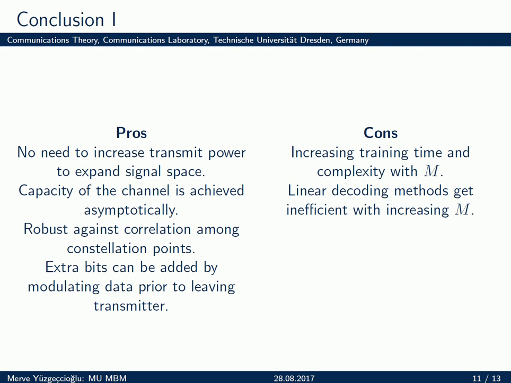Also in this case, linear decoding methods become even more inefficient. And as I said before, we assumed that there is perfect CSI at the receiver. This is necessary because the receiver needs to know every channel realization so it can differentiate between different symbols.